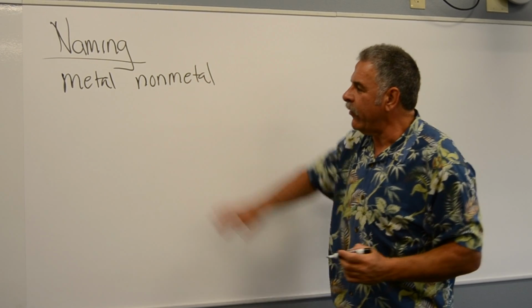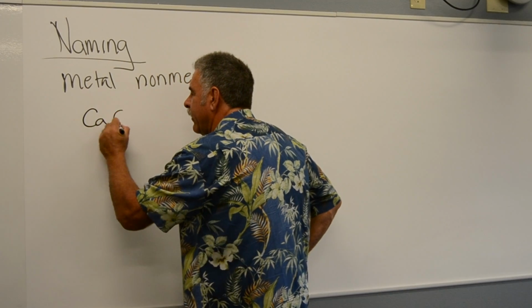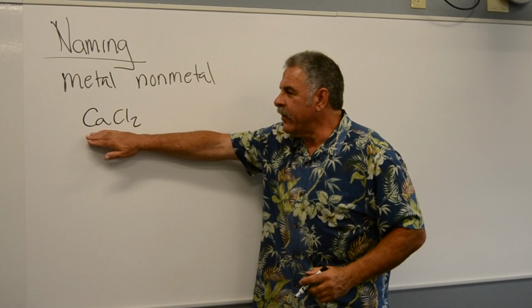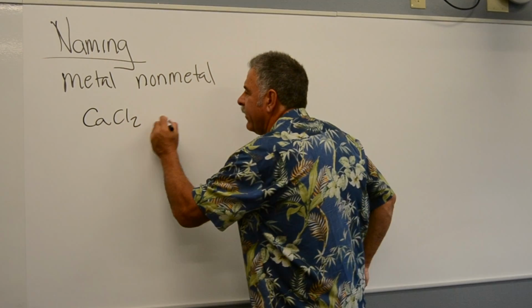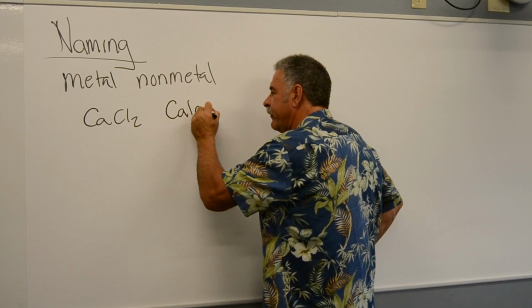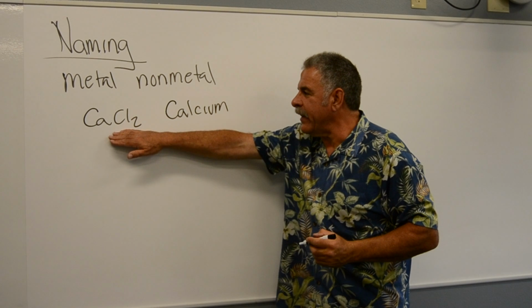So a metal such as calcium chloride, right? We see this is the metal, so we name the metal first. We look up Ca and the symbol is for calcium. And then chloride.